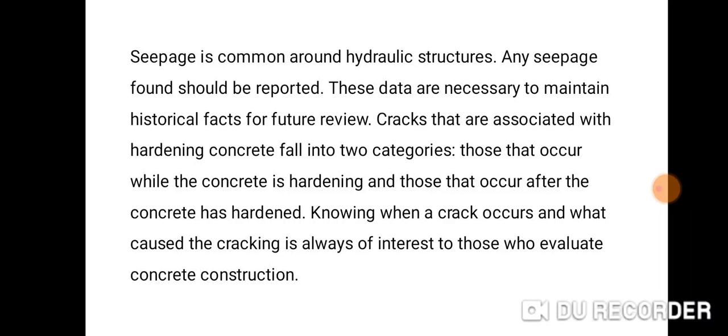Cracks that are associated with the hardening of concrete fall into two categories: those that occur while the concrete is hardening and those that occur after the concrete has hardened. Knowing when a crack occurs and what caused the cracking is always of interest to those who evaluate concrete construction.